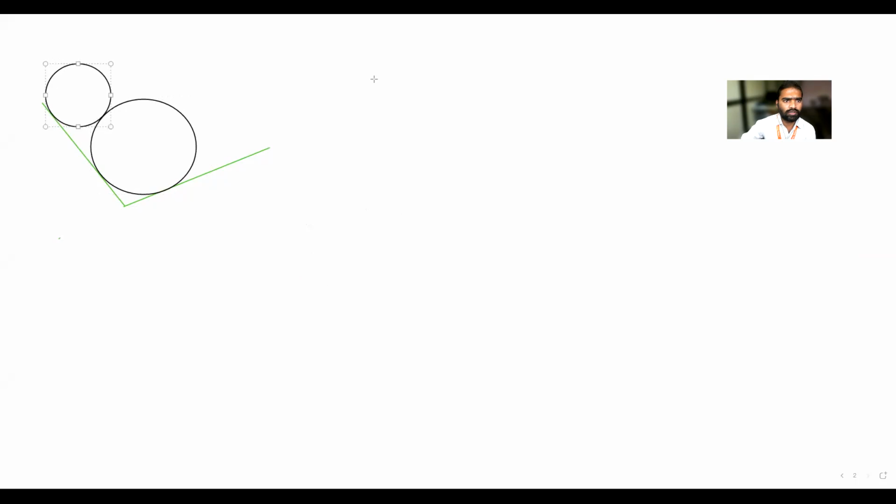Next there is an angle made with the horizontal. This angle is 30 degree and this angle is 60 degree. There is a center point here and a center point here. I will take the center point of the first sphere as O1, and the center point of the second sphere as O2.